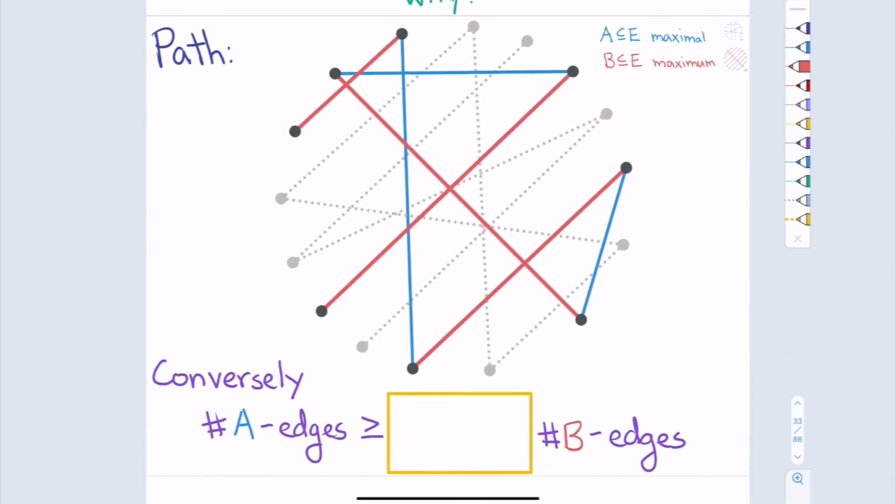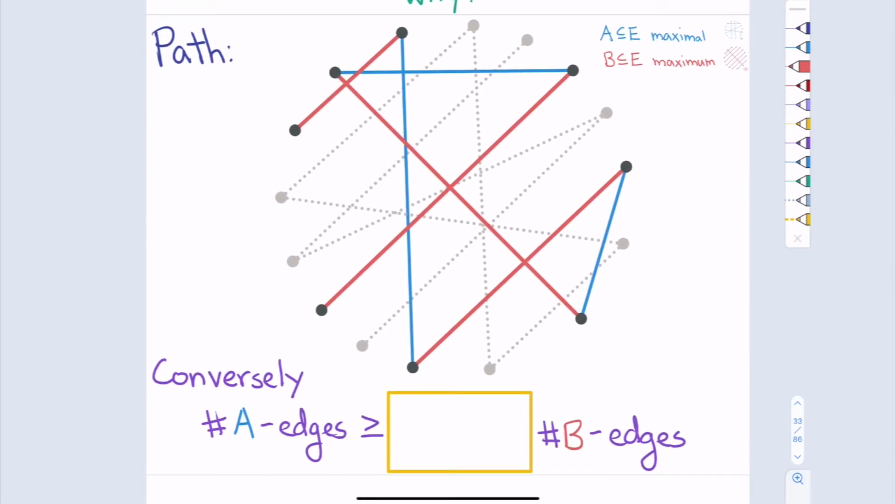But now I'm interested in the other side of the inequality. I want to argue that in any alternating path, the number of blue edges has to be bigger than some factor times the number of red edges.